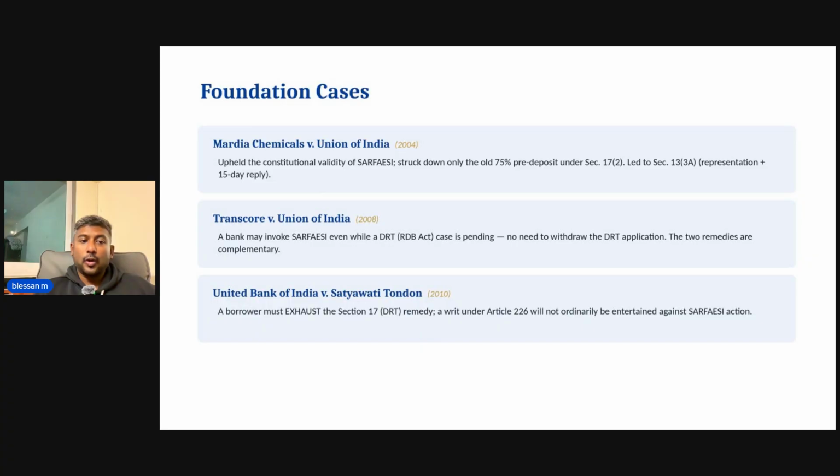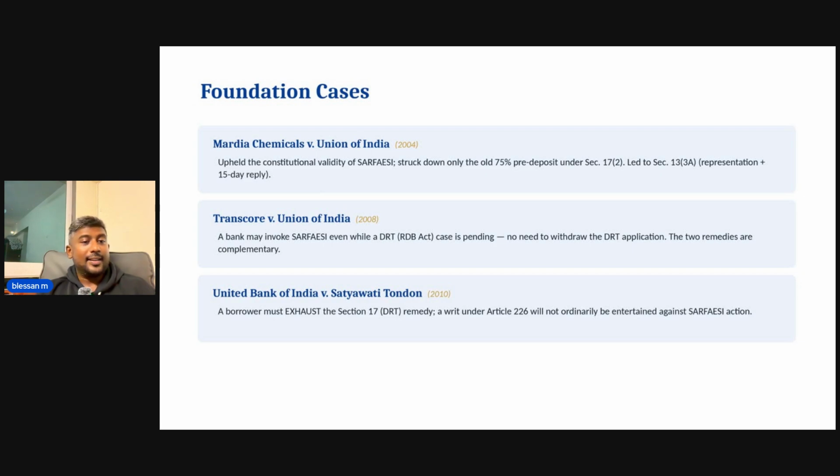The next most important case would be the Transcore versus Union of India case, where it was held that SARFAESI proceedings and DRT proceedings can go parallelly. Just because a DRT case is pending, it doesn't mean that SARFAESI has to wait for the DRT.